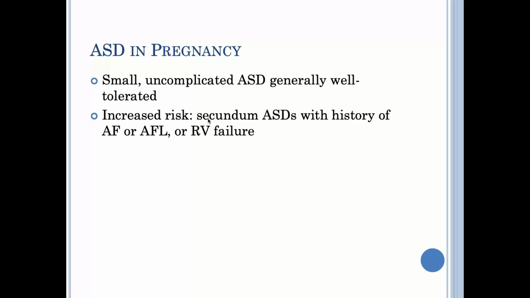This is interesting because with pregnancy, we know that the cardiac output increases, stroke volume increases, but a simple or a small non-complicated ASD is not known to cause major complications by itself.